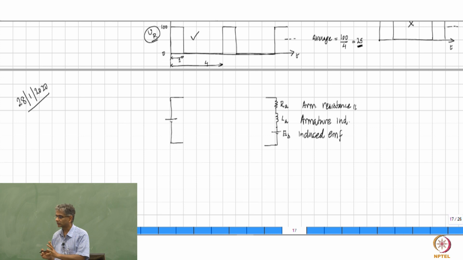You would like it to be small because any resistive element is a dissipative element. You don't want to waste loss in a motor, so these are designed so that armature resistance is small. So for the purpose of analysis, what one can do, initially at least, is to neglect the armature resistance. Say that that is not there.